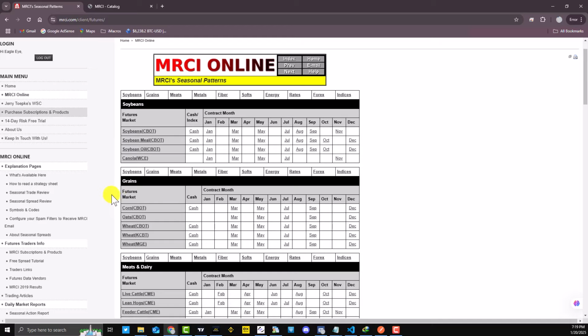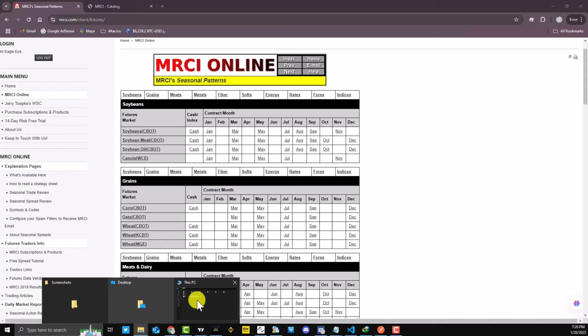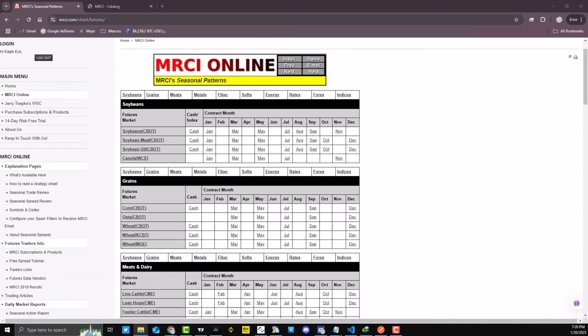Okay, and I think there have been some slight changes to the charts. In previous years you were able to have access to the monthly charts, monthly seasonal tendencies.